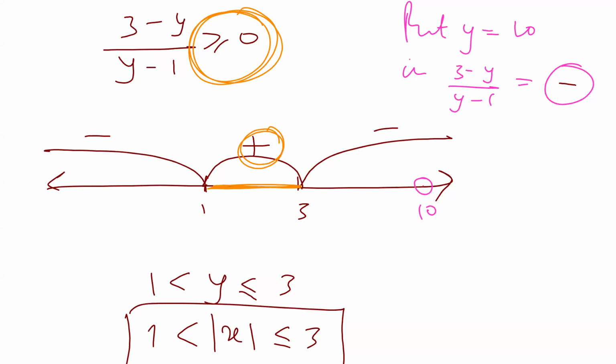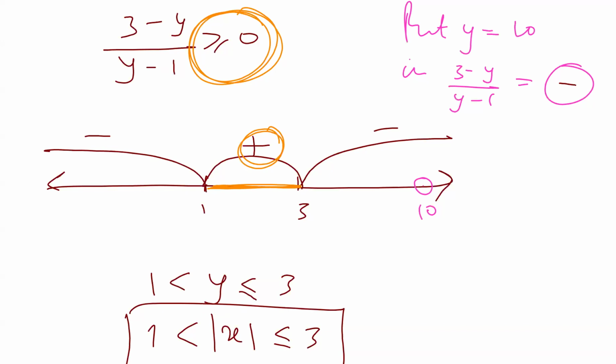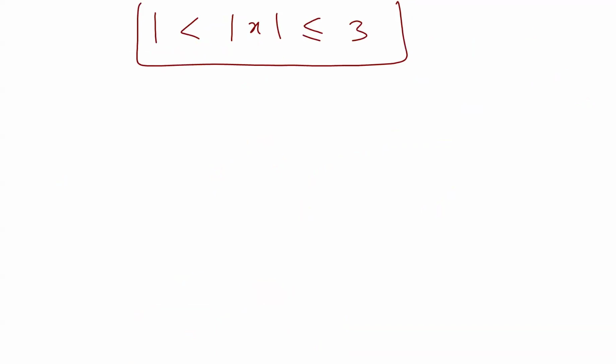I'll just copy this on the next page. 1 less than modulus of x less than or equal to 3. Guys, what is this? Anyone? What is this called as? Double inequality or double inequation.